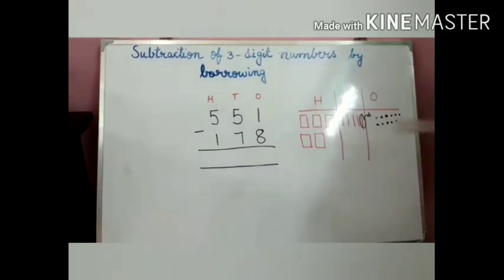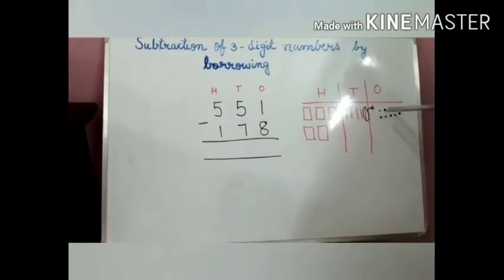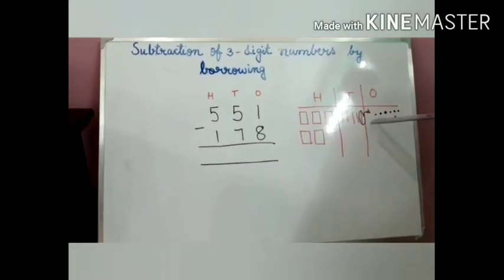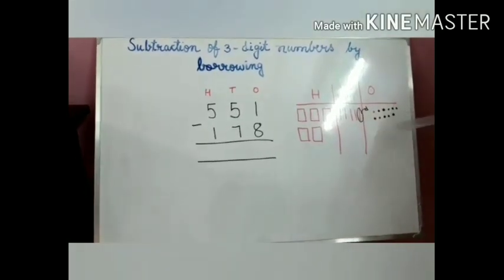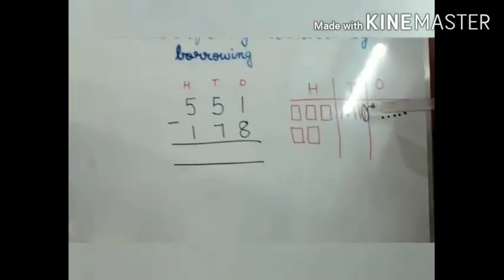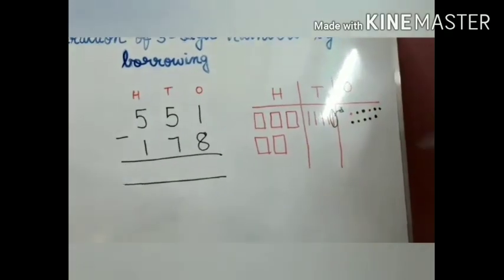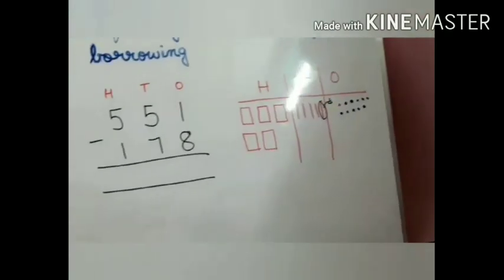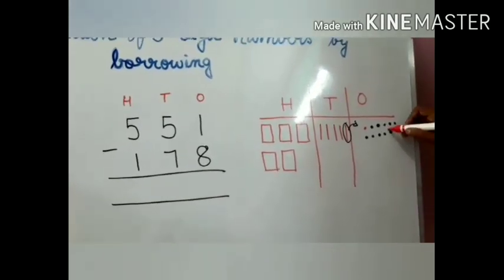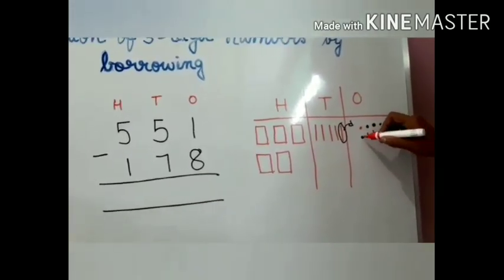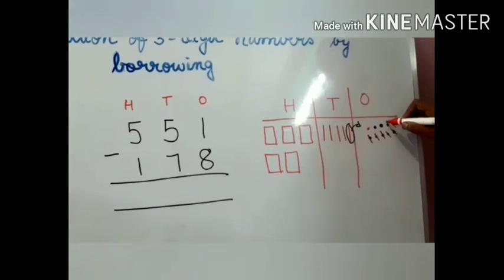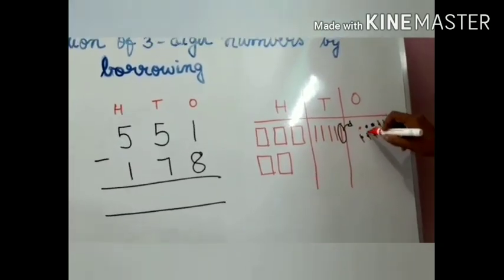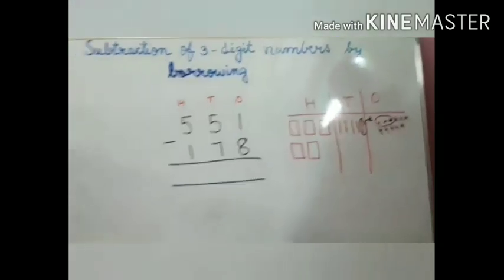So how many dots did I get here? 1, 2, 3, 4, 5, 6, 7, 8, 9, 10, 11. From this 11, can I take away 8? Yes, it is possible. If I take away 8, 1, 2, 3, 4, 5, 6, 7, 8, how many remain? 3.